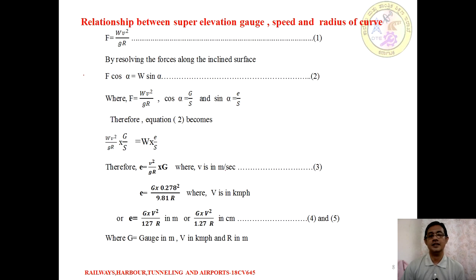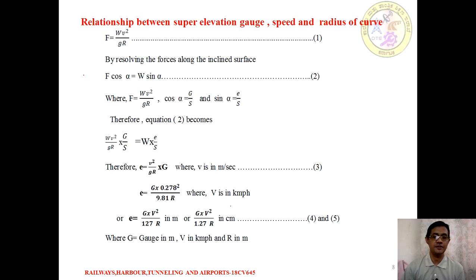Similarly, if you are directly reducing the formula for the speed in kilometer per hour, just substitute all the numerical values, and the speed is going to have a multiplication factor of 0.278. Converting this equation, the final equation for kilometer per hour is that the super elevation is equal to capital G multiplied by 0.278 V, that is the speed converted to kilometer per hour, squared, divided by g, which is 9.81, multiplied by the radius of the curve.